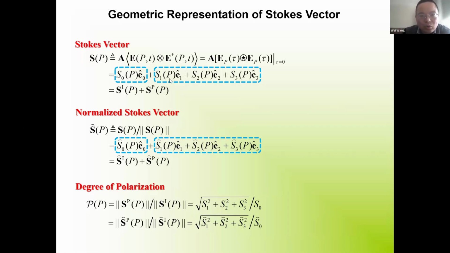We can rewrite it into two parts. The first part is the Stokes vector for the total intensity. The second part is the Stokes vector for the totally polarized component. We also have the normalized Stokes vector. In this way, the degree of polarization can be redefined in terms of the Stokes vector or normalized Stokes vector.